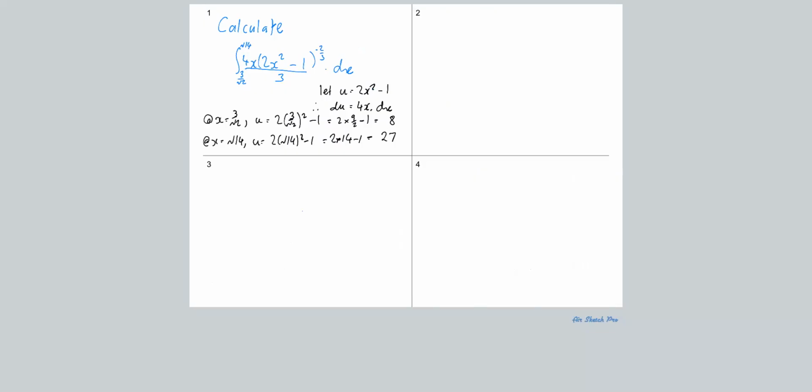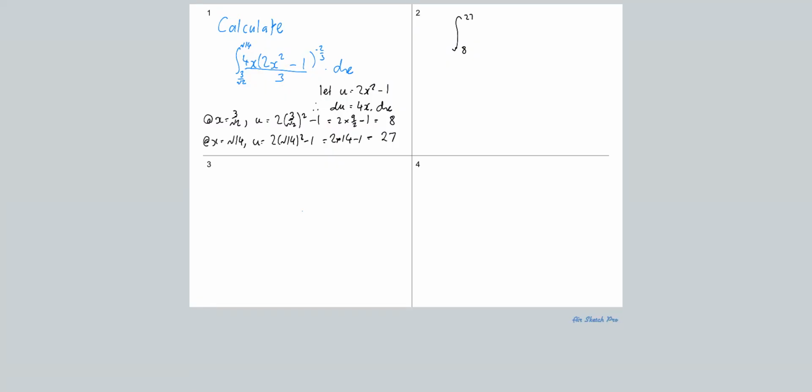What do we do then? That means that the integral is now the integral between 8 and 27, nice simple whole numbers, of, let me see now, we've got rid of the 4x and the dx, and that is now just du. So the 4x dx is replaced by du. The 3 is still there.